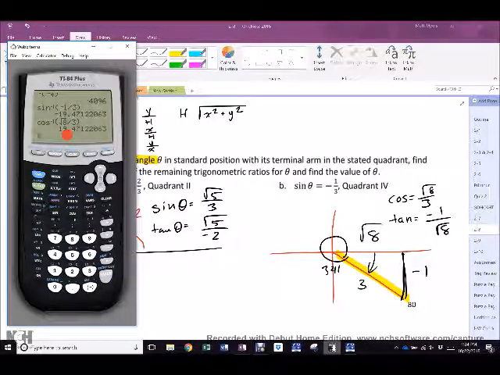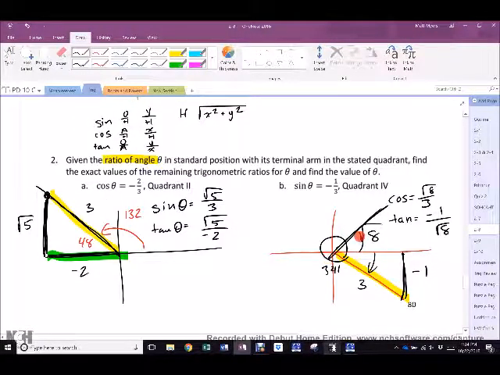Why? This would be up here, wouldn't it? Your calculator wants to give you the answers when it can in this quadrant, right? So as soon as you saw negative, you knew, since we were in this quadrant, this had to be where it was. So it's 360 minus 19. Good?